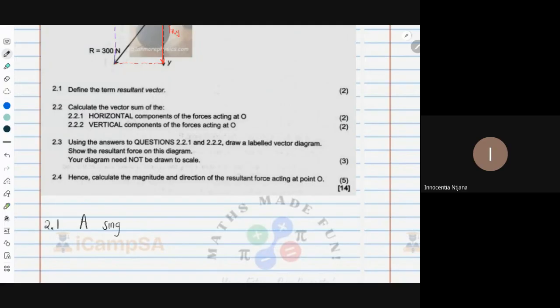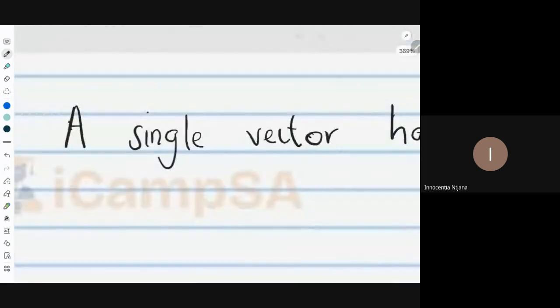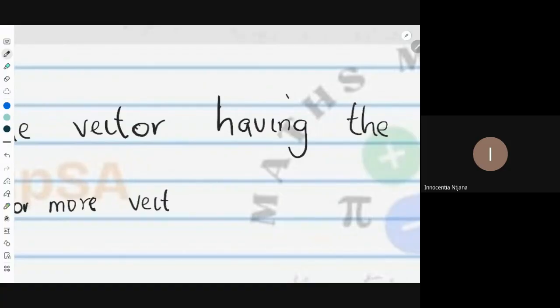A single vector having the same effect as two or more vectors combined. That's what a resultant vector is.